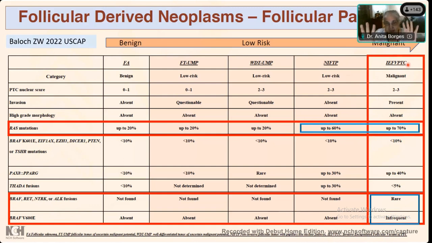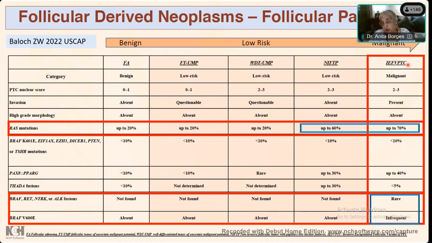So please understand that NIFTP is related to follicular adenomas and follicular thyroid carcinomas. They are not related to papillary thyroid carcinomas. For years, we believed that they were because they had papillary thyroid nuclei. Now they only share papillary thyroid nuclei, and they are entirely follicular tumors, and they have RAS mutations.